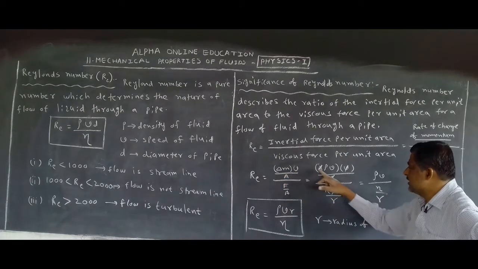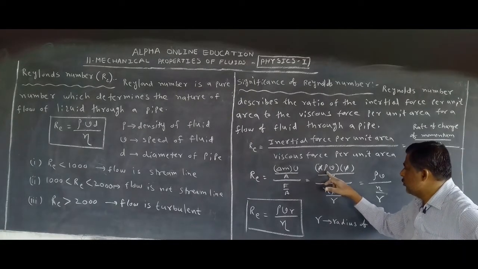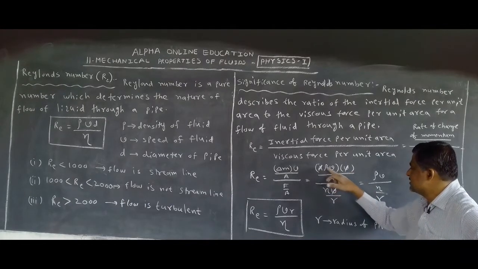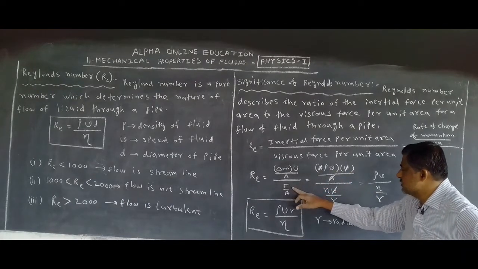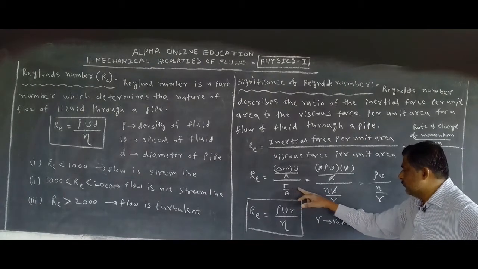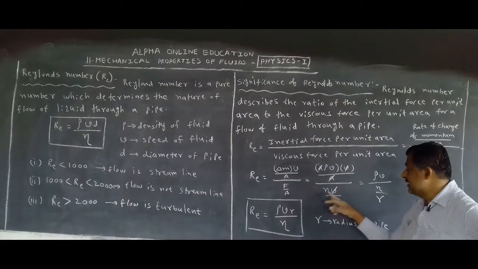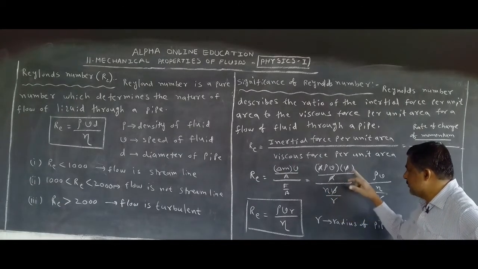What is delta m? Rate of change of momentum means rho v into v by a, so what happened? Cancel. Here the force as per the viscosity, F is equal to how much? Eta v by r. This v, what happened?